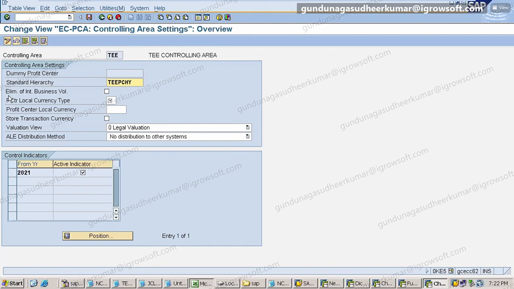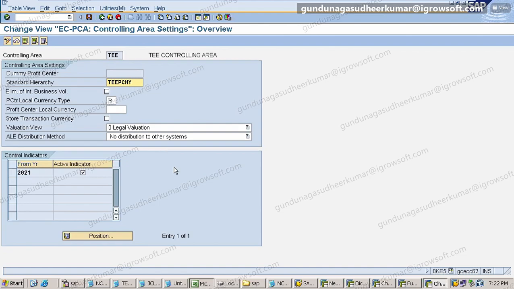Next, elimination of internal business volume. Now just understand, you are dividing the company into profit centers. So there is a possibility of competition between the profit centers.